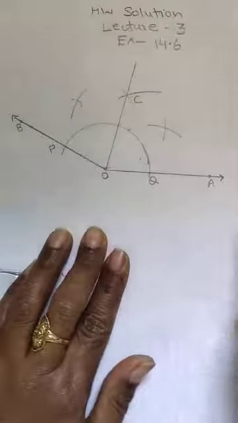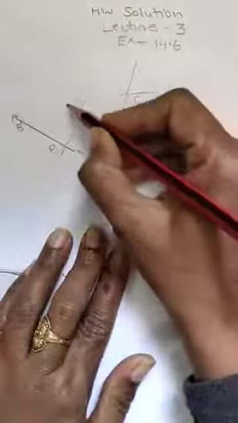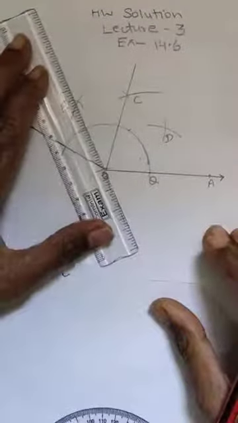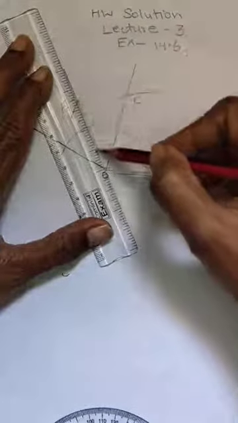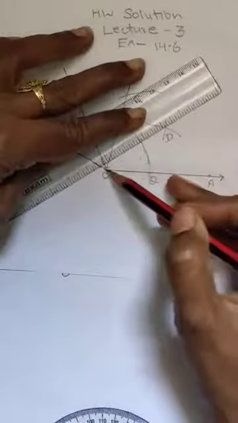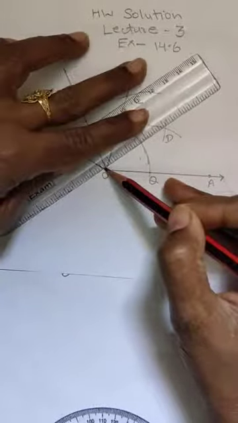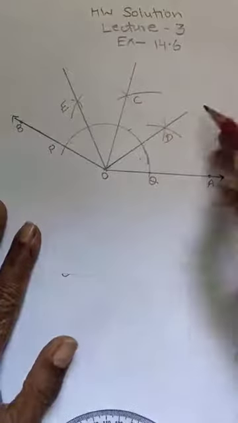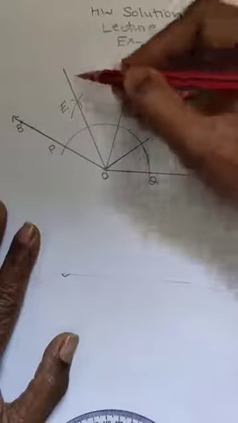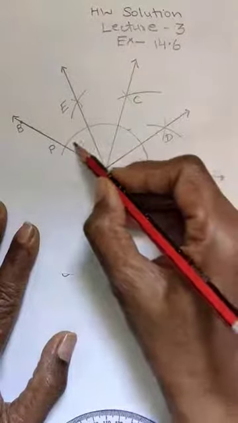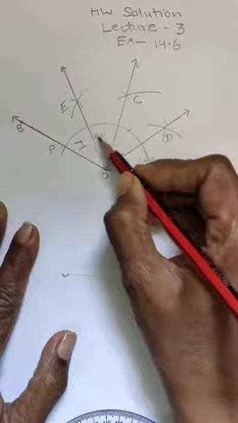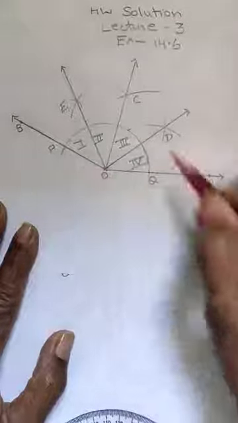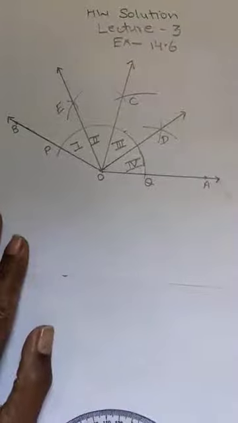Give them name D, E. Now join them. Join OE and OD. Now see, this angle 153 degree has been divided into 4 equal parts. These are the 4 equal parts. You can check it by measurement also.